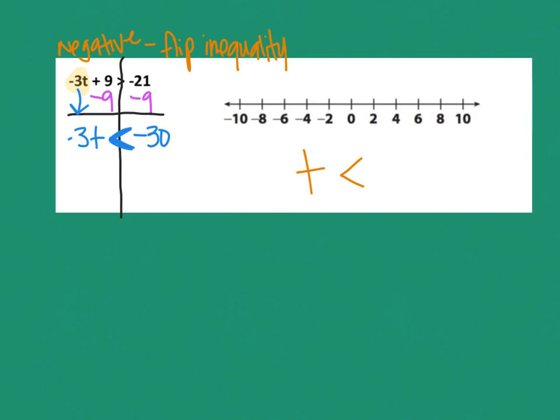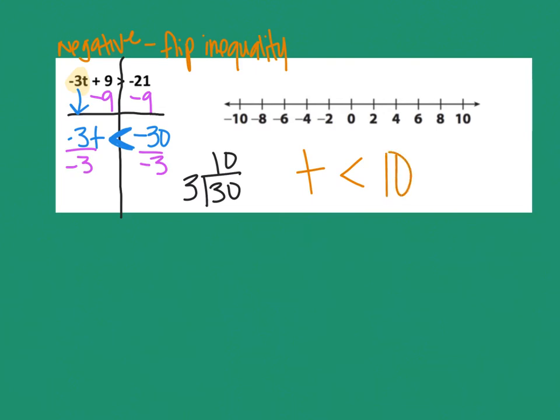My last step here is divide by negative 3, divide by negative 3. If you're unsure of what that is, you could set up a division problem. 3 goes into 30 10 times. Both of these numbers are already negative, which means my answer has to be positive. So it's going to be positive 10.